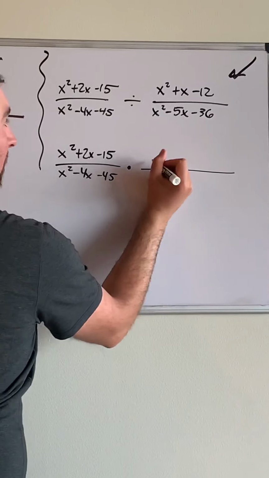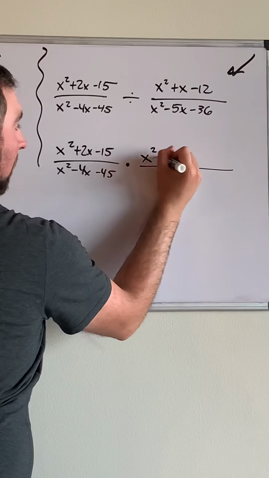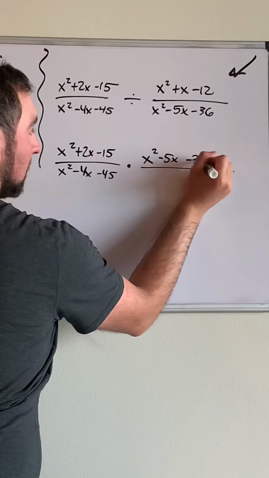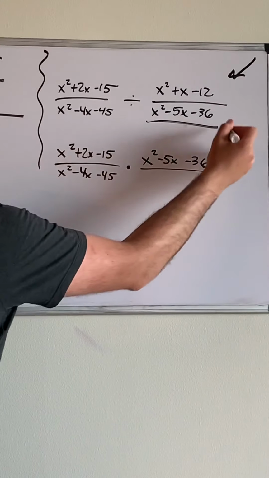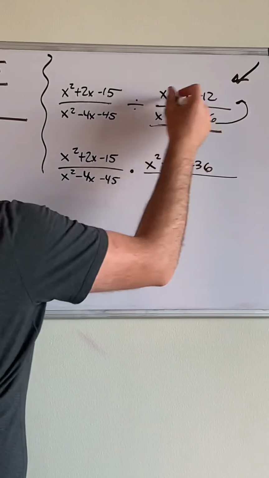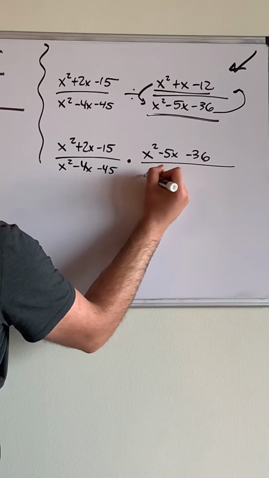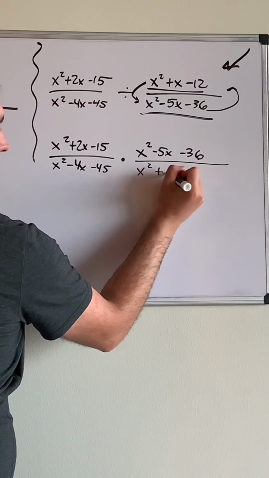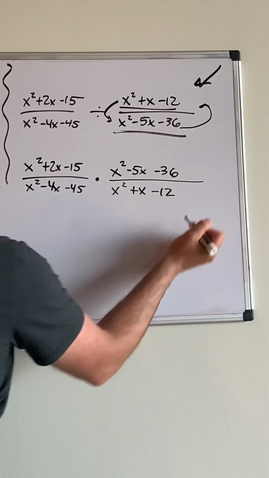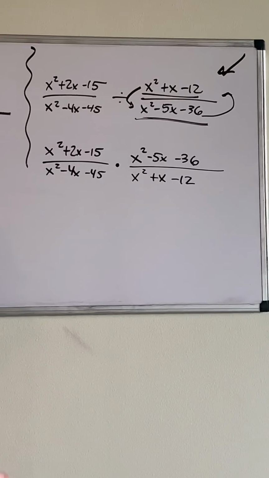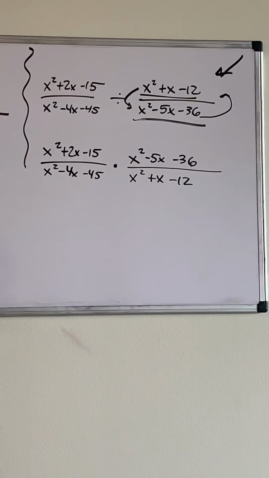So I flip and now I have the x squared minus 5x minus 36. So this guy goes on top. And then this guy's gonna go down below. So I go x squared plus x minus 12. Woo! So we just made this division problem into a multiplication problem.